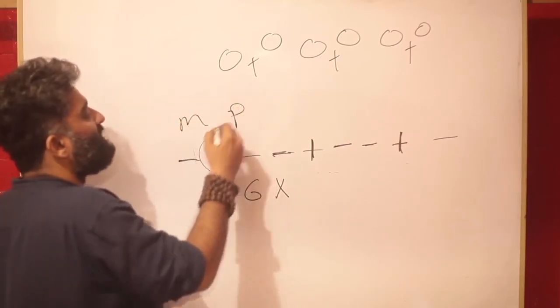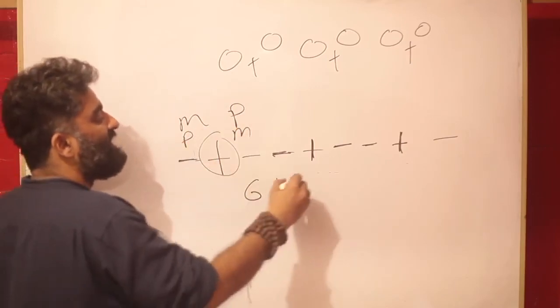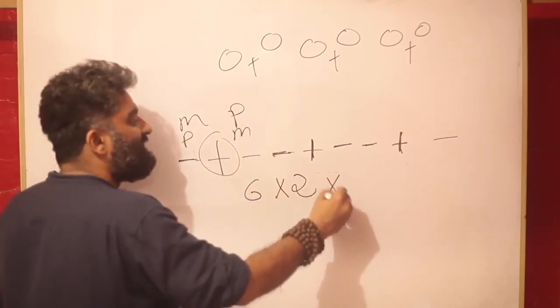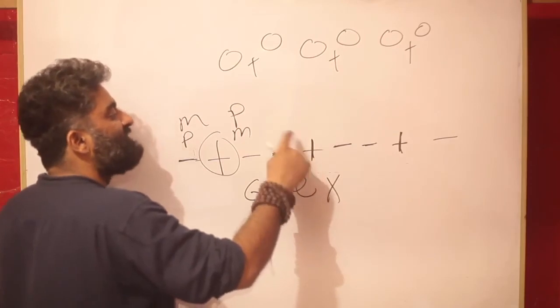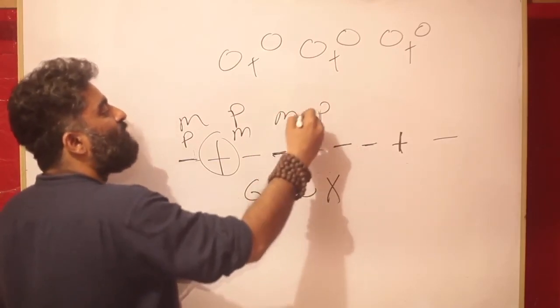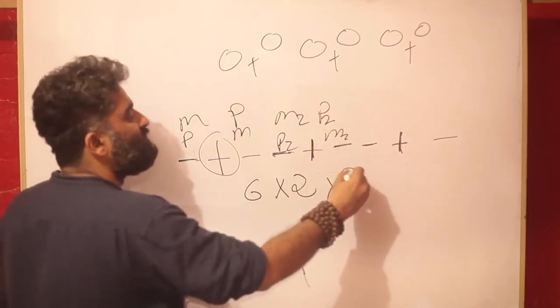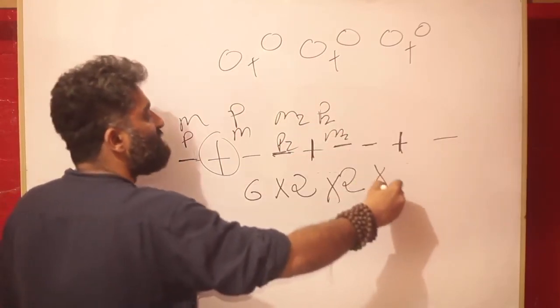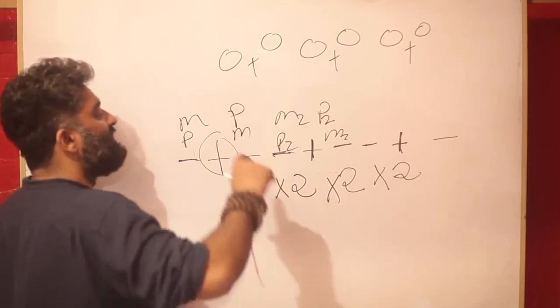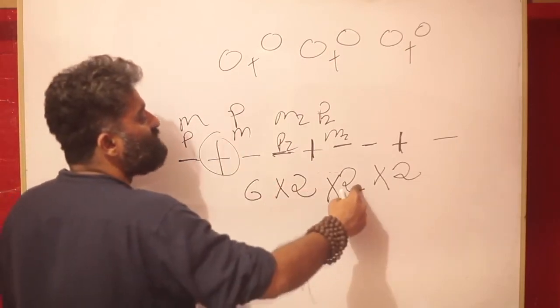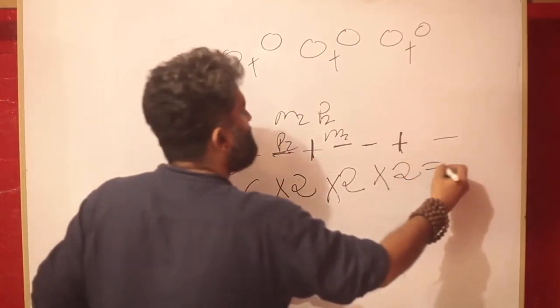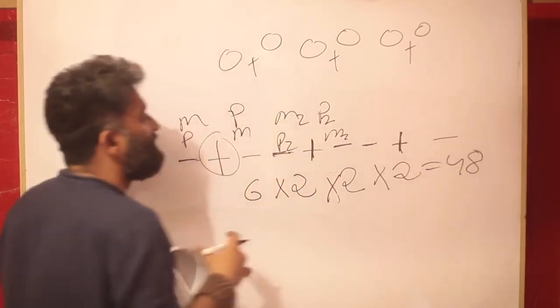Mom here, pop here, or pop here, or mom here, right? So 6 into 2. And you also have to worry about these 2 parents. Again, mom here, mom 2 here, pop 2 here, or pop 2 here, mom 2 here, whatever, 2 ways. And the same situation for the last one, 2 ways. So 6 into 2 into 2 into 2, or 6 into 8, your answer should be 48, right?